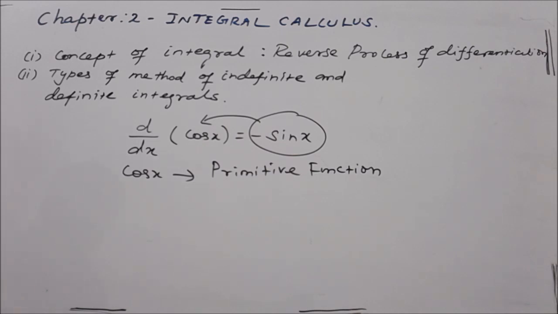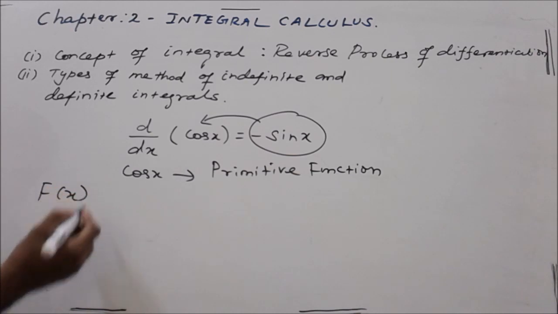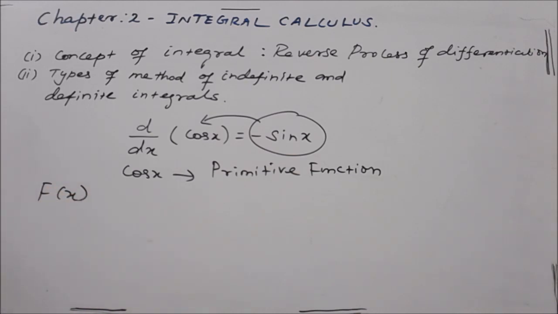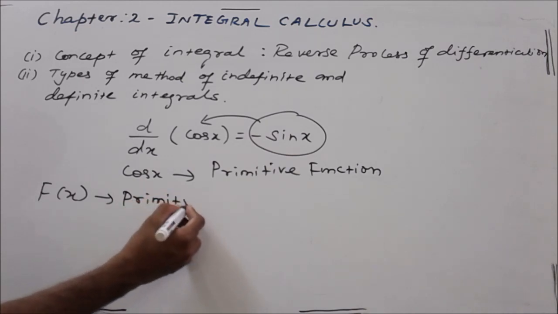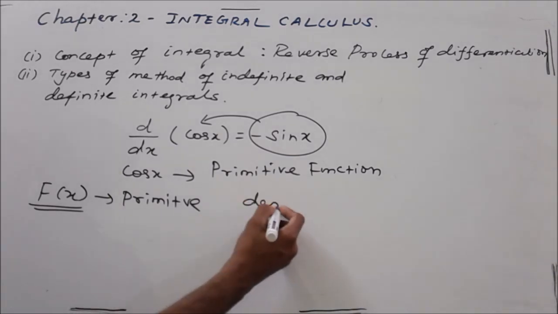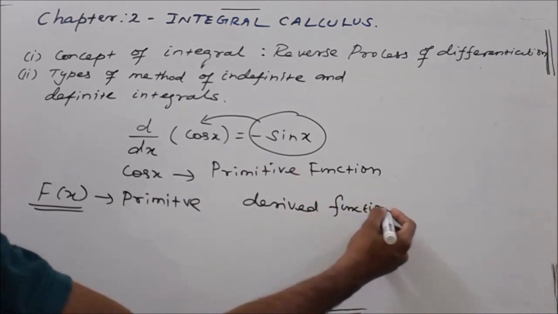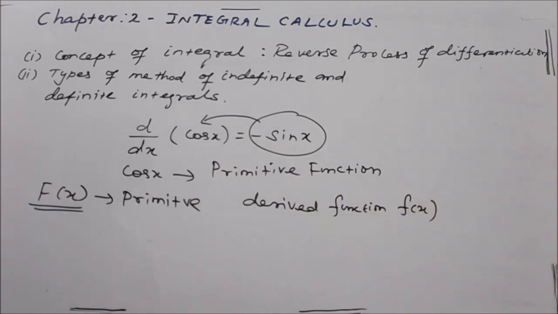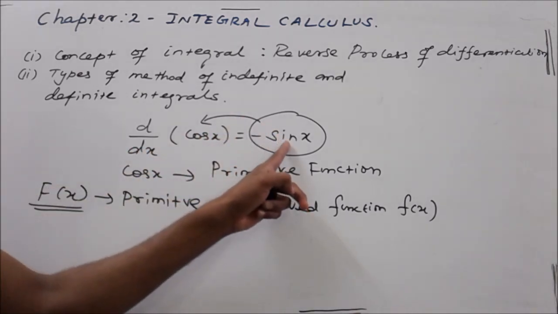Now a function capital F of x is said to be a primitive function of the derived function small f of x. Here cos x is primitive, and this is the derived function.